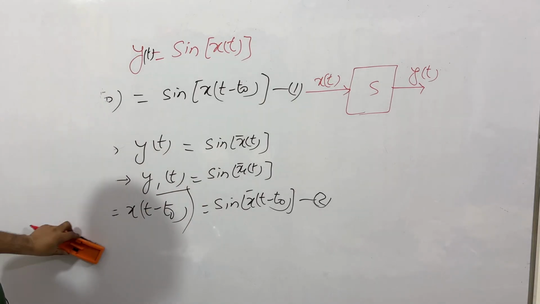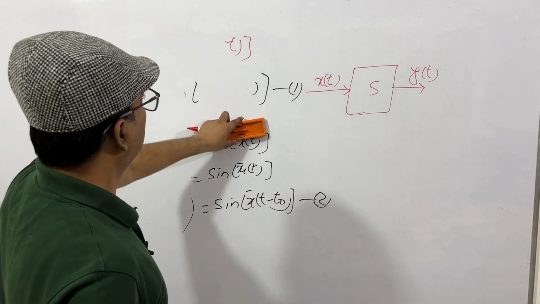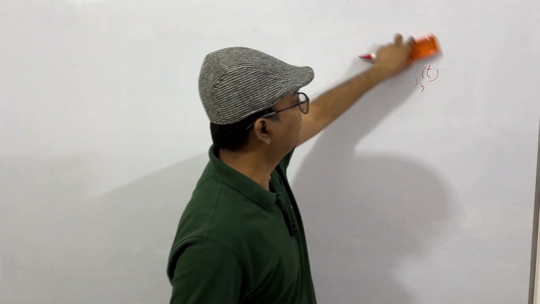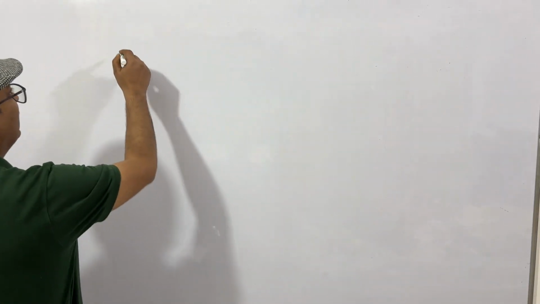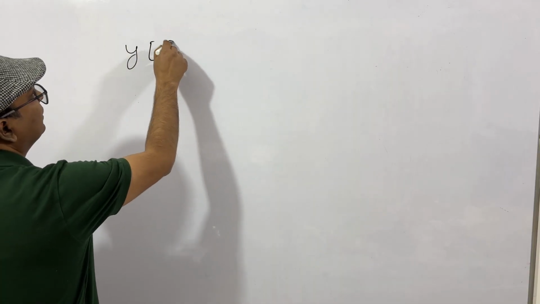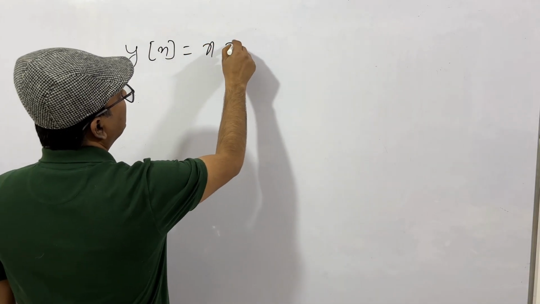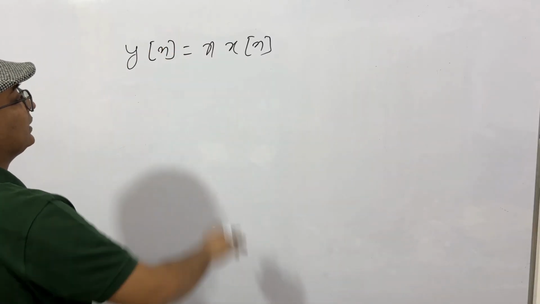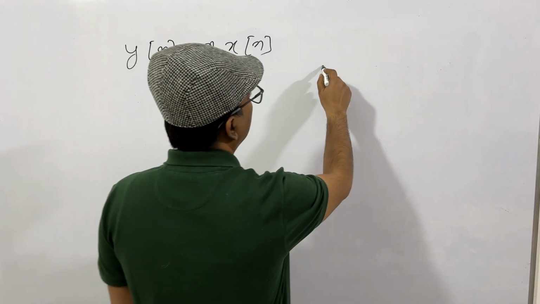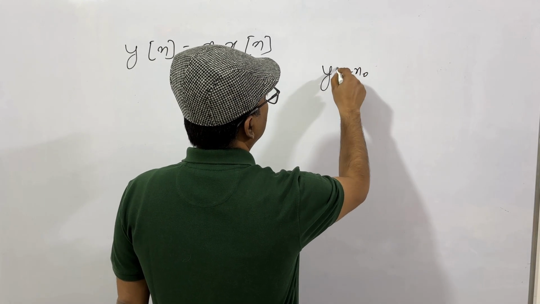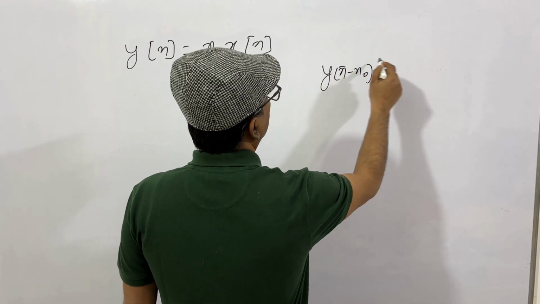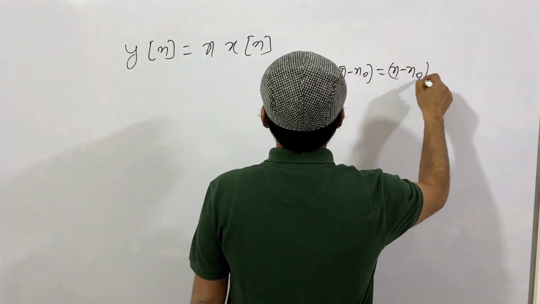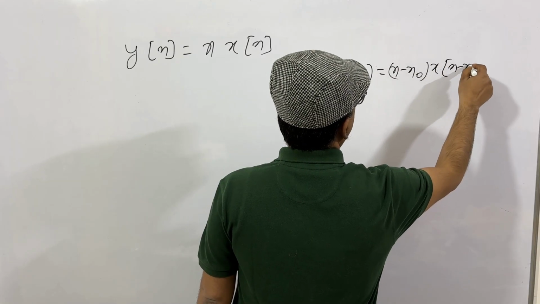Now, understand it more properly by the second example. I am giving you another example: y[n] is n into x[n]. From the first definition, we know that if we take y[n minus n0], in place of n we will put n minus n0, and then x[n minus n0].